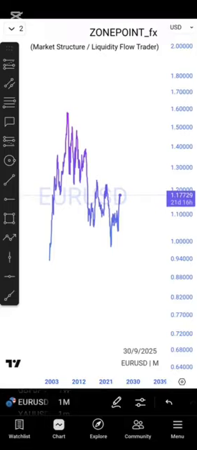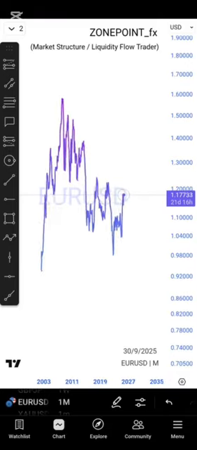There are two things I want to do on this monthly. I want to mark a previous strong level that price has been rejecting from over the years and months, a key level price has been reacting from, which is very obvious. Now we come to the chart here.